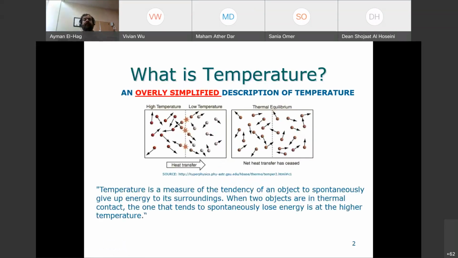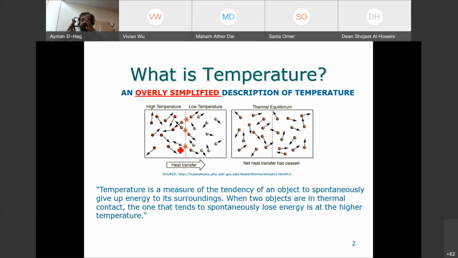Okay, so what is temperature that we want to measure? Basically, this is from hyperphysics. I find it a very nice definition. It's a measure of the tendency of an object to spontaneously give up energy to its surroundings. For example, when we have two objects touching each other, one with high temperature and the other with low temperature, there will be a heat transfer from the high temperature region to the low temperature region.